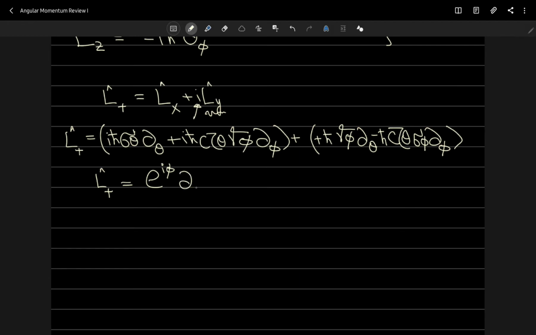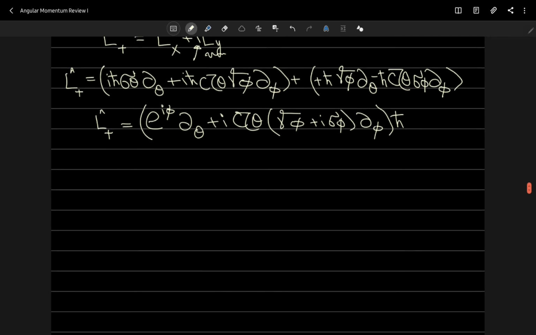So you have this thing plus iota times cotangent of theta, in brackets now we have cosine of phi plus iota times sine of phi, times partial derivative with respect to phi, and all of this times h bar, right?